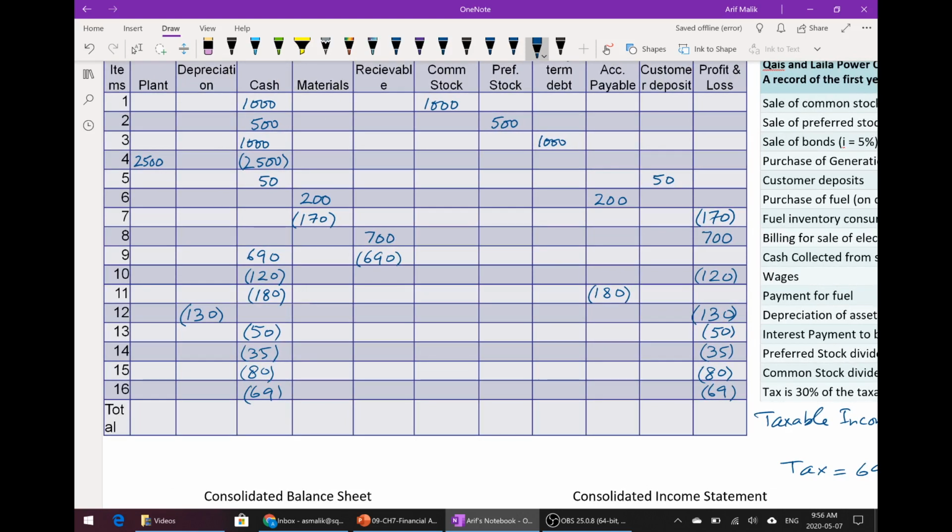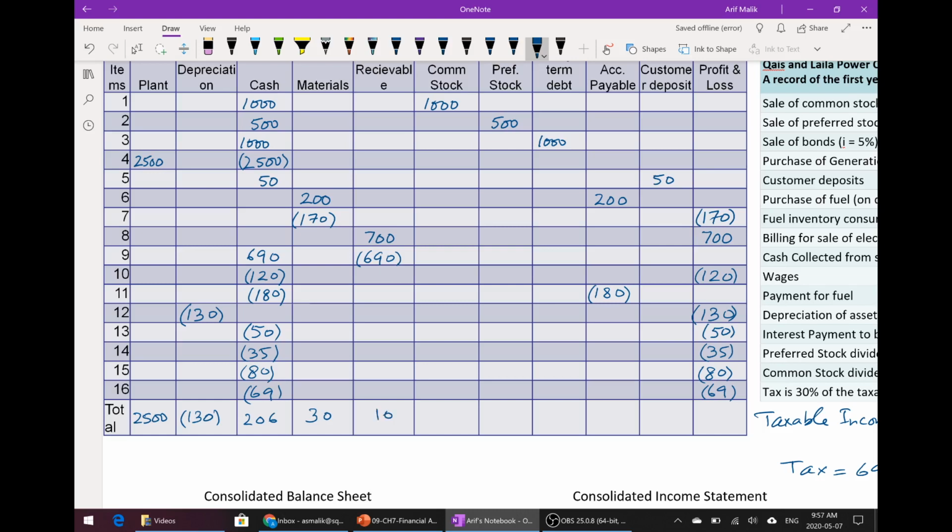It's just now we can add all these items here in the total. So we have plant is 2500, depreciation is negative 130 here, and then we have cash. Now if we add all these items under cash, what we are getting is 206, and then material is 30, and then the receivables, account receivables are 10.